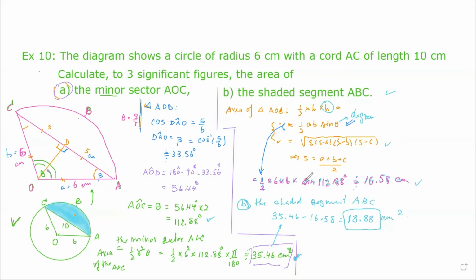So now we finish this lesson, circular measures, and I will give you a handout, I mean the questions for your practice. They have a total of about 15 questions.